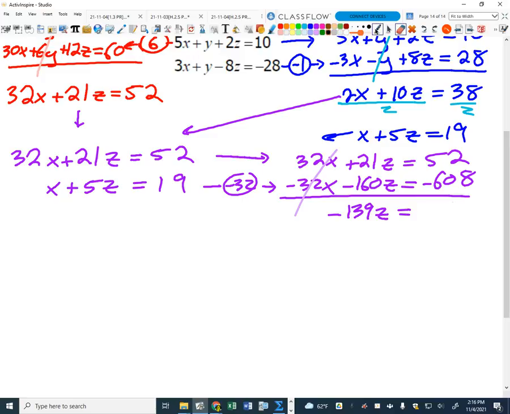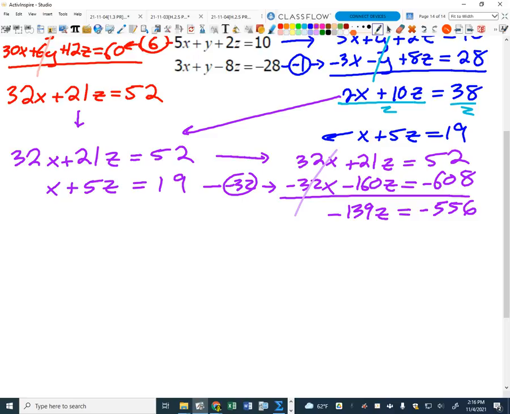Okay, so then what does that give us here? Now this is going to be okay. So now we're going to get negative 556. Is that right?